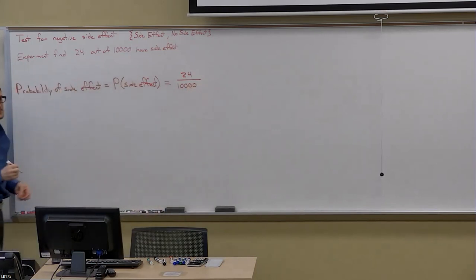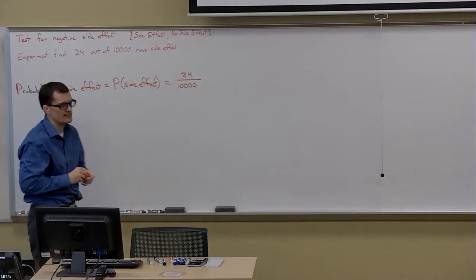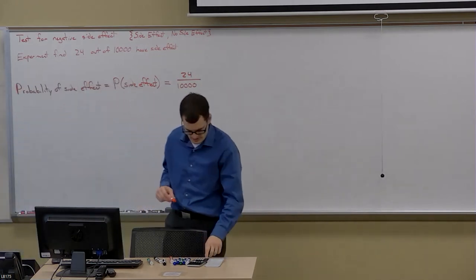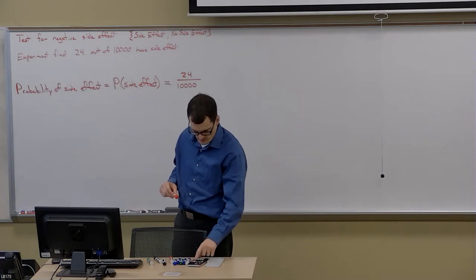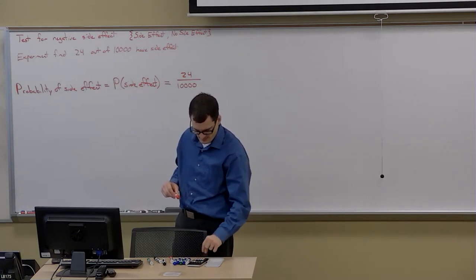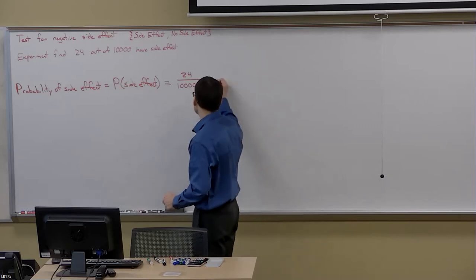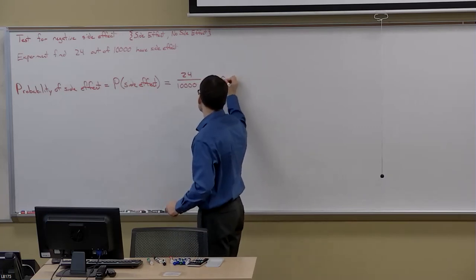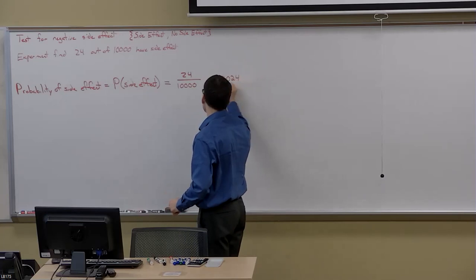All right. And again, if you wanted to round that, you could do 24 divided by 10,000 as a decimal, that's 0.0024.